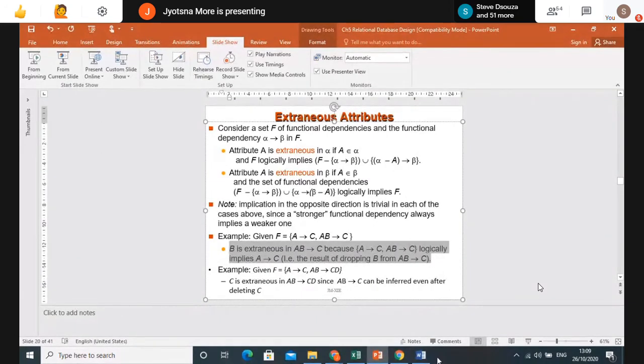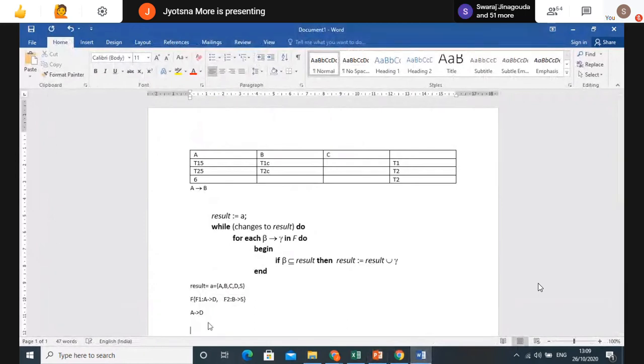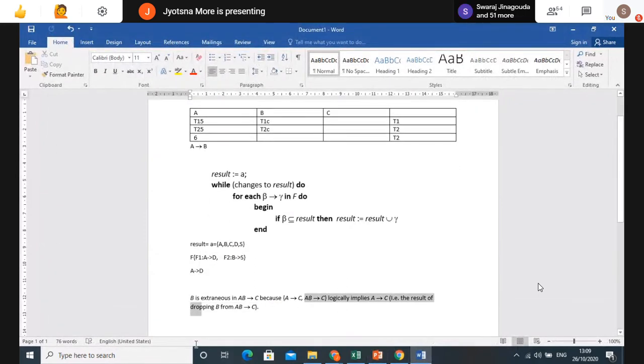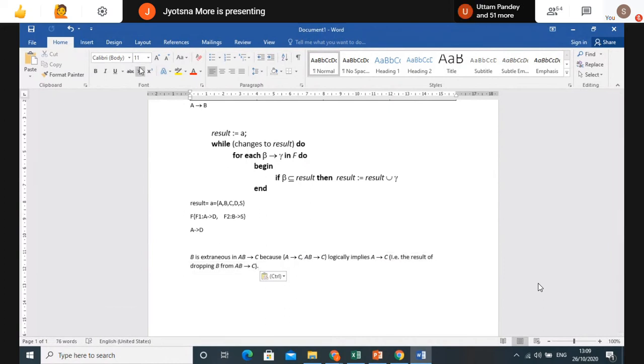As we don't have a board, we have to take help of this Word file only. So I'm saying A determines C, right? So I'm having A determines C. I am having AB determines C, right?